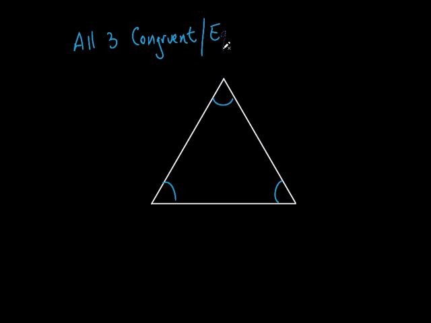Congruent or equal angles. So when all three are actually equal to each other, when all three are exactly the same, we call this an equiangular. Equi meaning equal, and then angular, of course, that means the angles. So we call this an equiangular triangle.